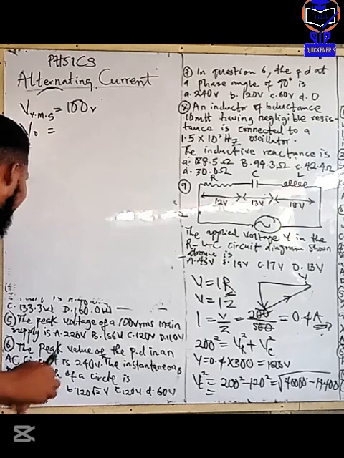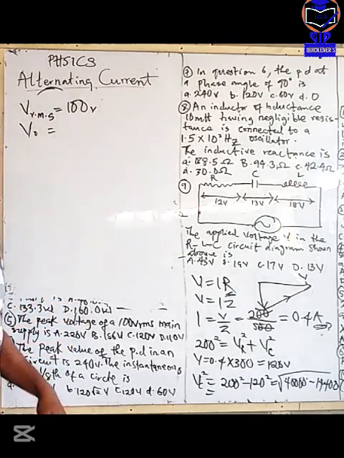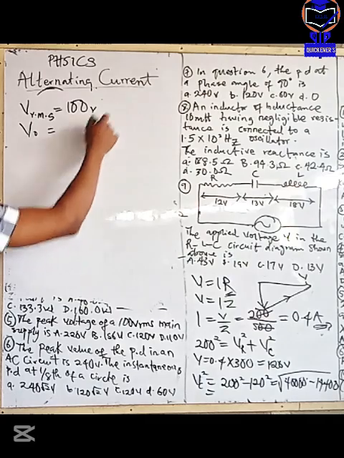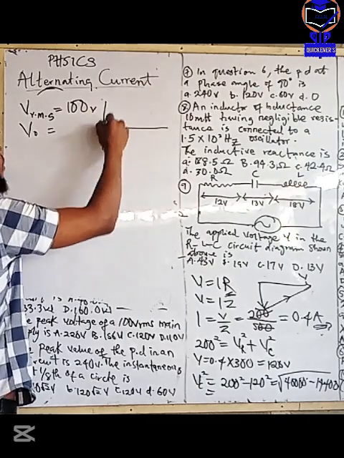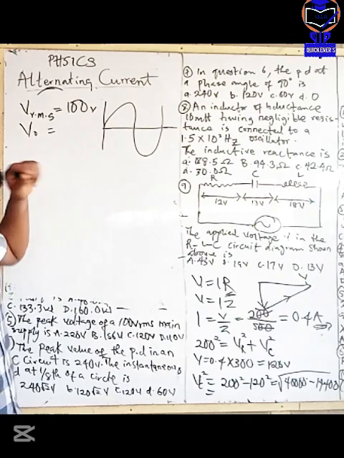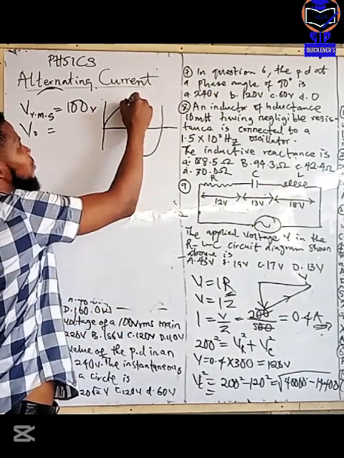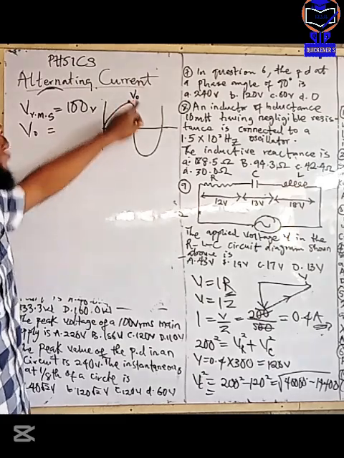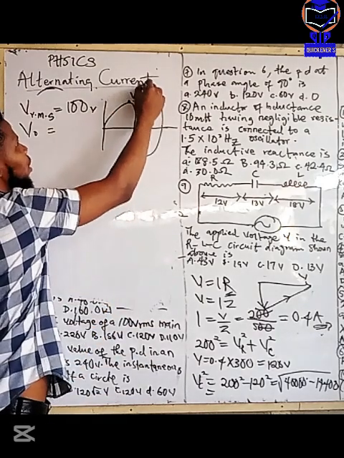So we need to understand root mean square and peak voltage. So what is peak voltage? When I draw a diagram of a sinusoidal wave, which represents my alternating current, this maximum point for either voltage or current is called maximum voltage or maximum current.